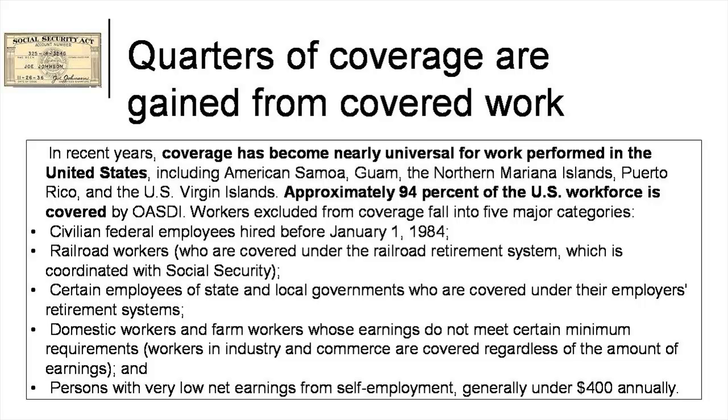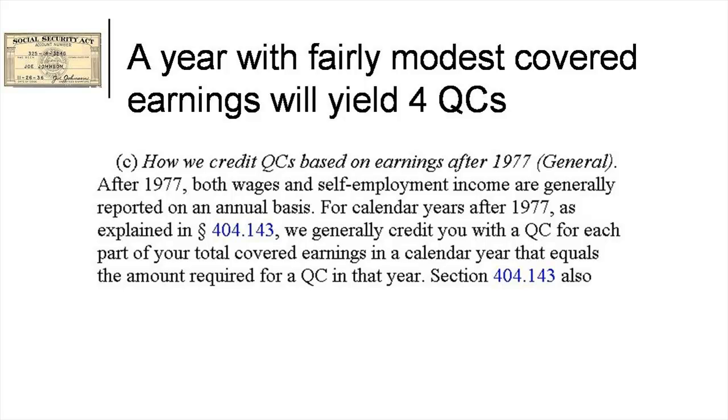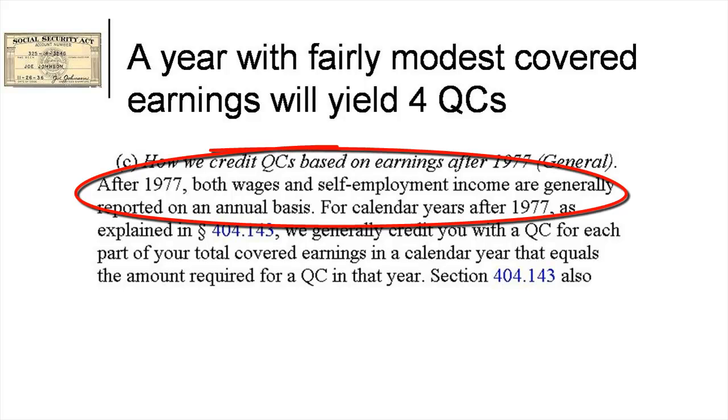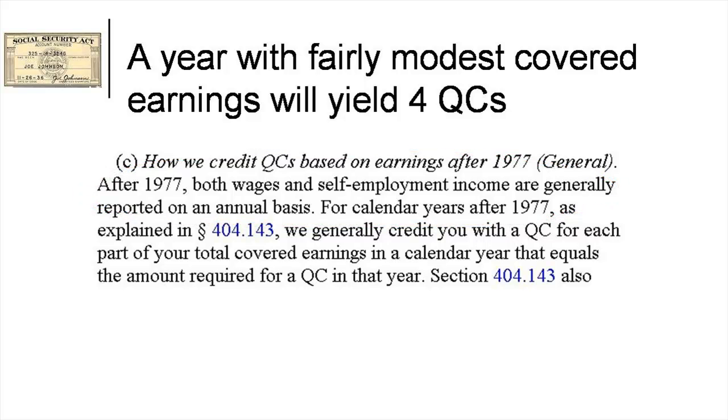A quarter of coverage represents, at least conceptually, a calendar quarter during which covered earnings exceed a minimum amount. But since the late 70s, the number of quarters of coverage credited for a year, not exceeding 4, of course, have been determined on the basis of annual earnings without regard to when, within the year, that total was earned.